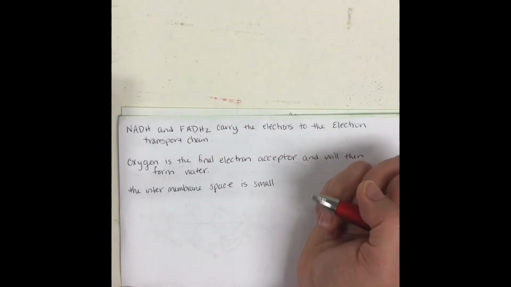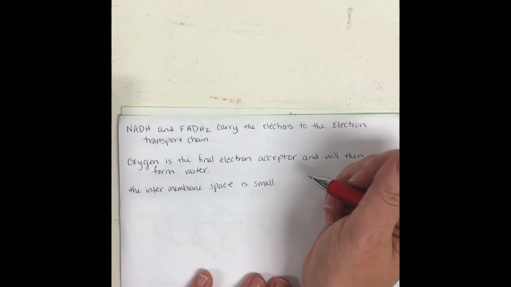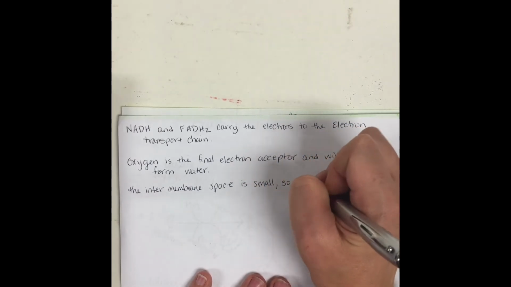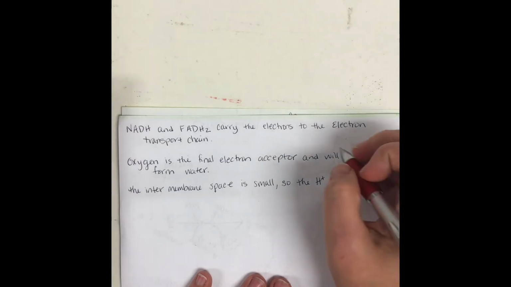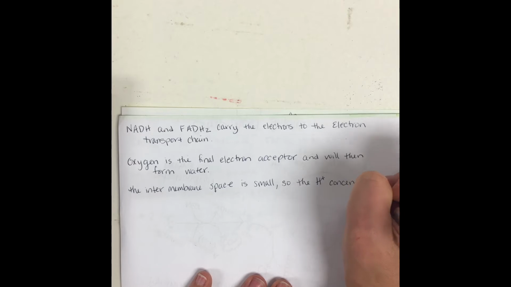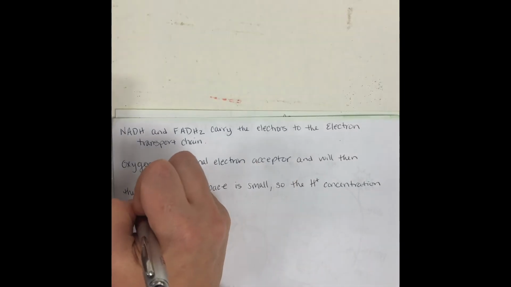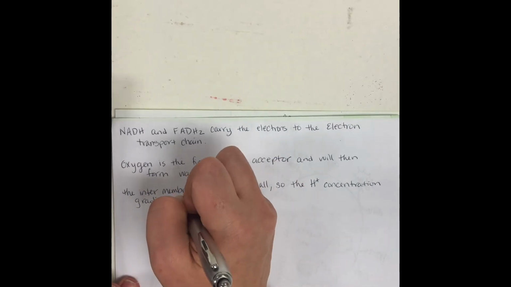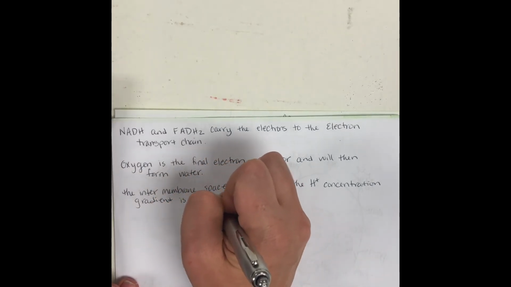We want to make a note that the intermembrane space is small, so the hydrogen ion concentration gradient is created quickly.